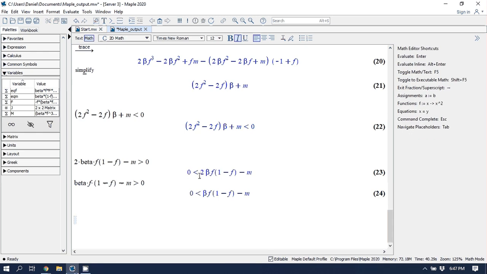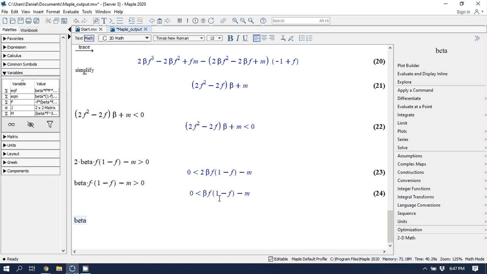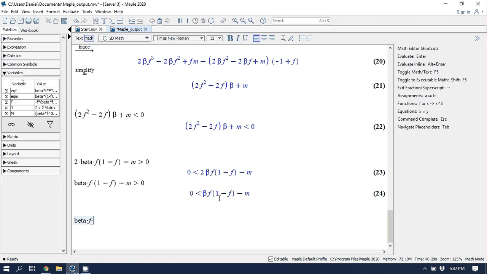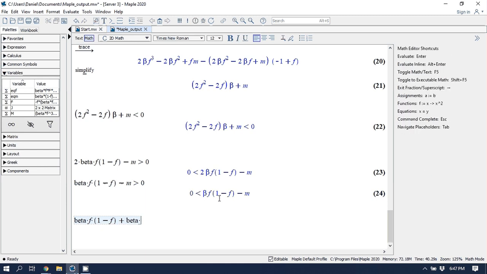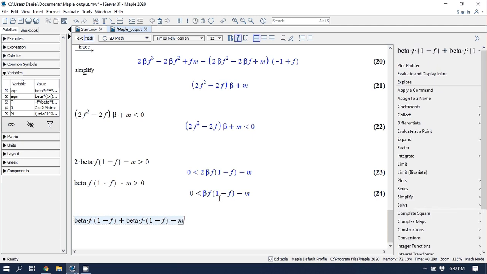Now think about this trace condition. If I break down this 2 times beta f times 1 minus f into 2 pieces, I'm going to leave it like that, because if I hit enter, Maple will combine them again. If I break it down like that, I know this part is positive, right? So that's the key thing. The determinant condition is already included in the trace condition.